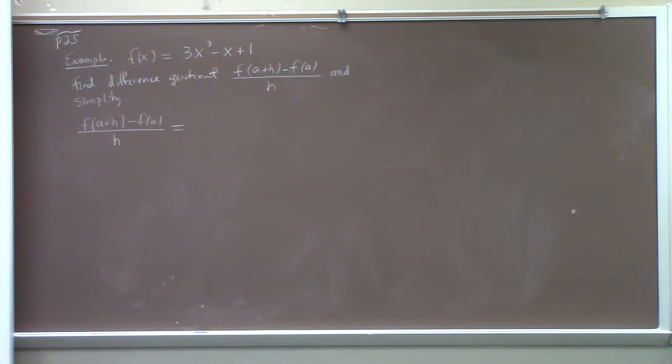That's a typo. I am so sorry about that. If you've already done it the other way, you can just, at the very last step, fix it. I won't count off if you've already done it, but it should be this. This would give us the average rate of change from a to a plus h.